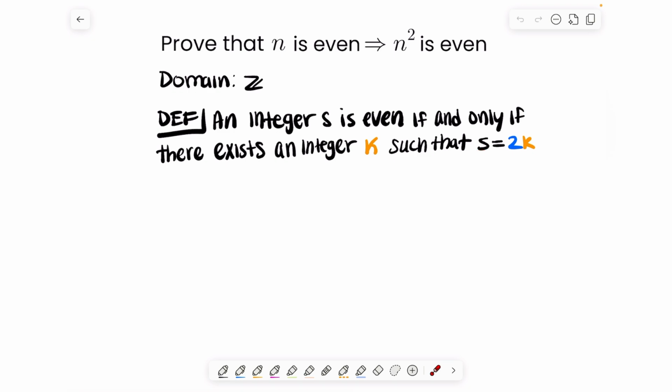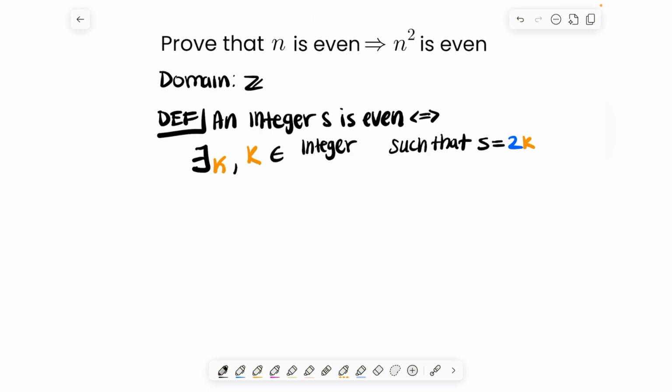But we can simplify this definition by using the symbols that we have learned in class. For example, if and only if can be replaced with a double implication, because that's what the double implication means. We also know there exists can be replaced by the quantifier there exists. And we can say there exists a k, where, so this little comma means where, that k is an element of, so it's inside, it's part of, the set of all integers.